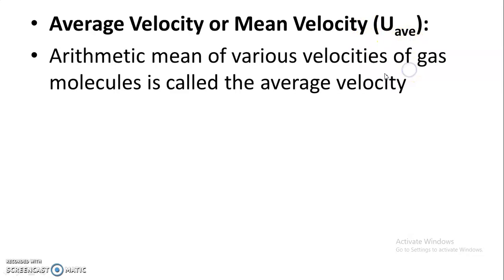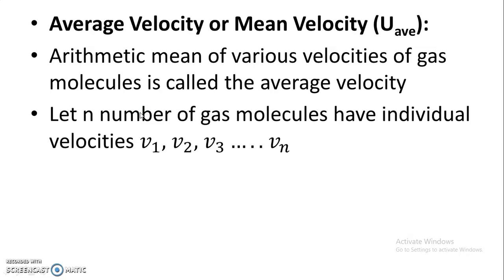Now next term is the average velocity or mean velocity, U_avg. Now definition of mean velocity or average velocity is the arithmetic mean of various velocities of gas molecules. Now consider n number of gas molecules having individual velocities v1, v2, v3, v4 and so on, up to vn.